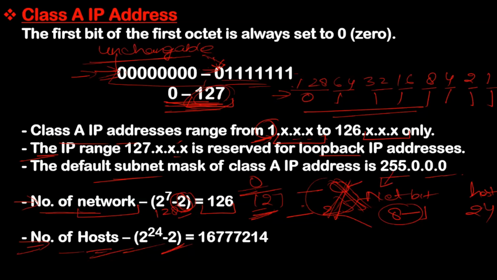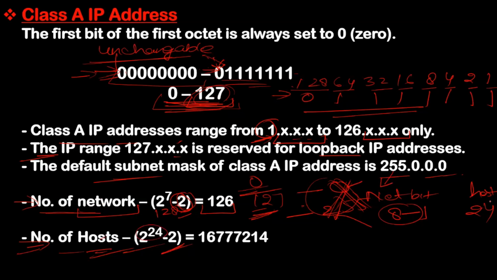In the host part we don't need to minus any unchangeable bit, because we are talking about the first octet, and as we discussed, the first octet always denotes the class of IP. So this is only applicable for the network.